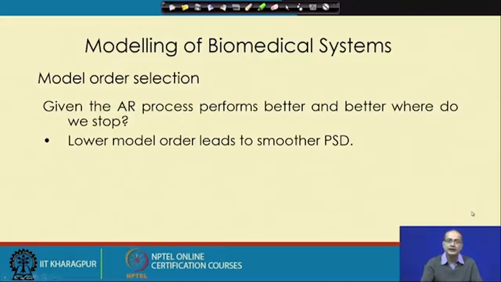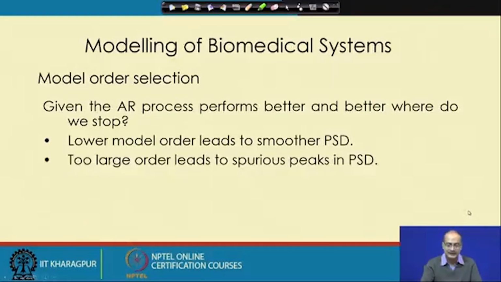The first thing to note here is that a lower model order leads to a smoother PSD. We get a smooth PSD, but if it is not appropriate, then by over-smoothing we may lose some actually prominent peaks. Now, if we keep increasing the model order, what will happen? We would get a number of spurious peaks, which will be specific to that ensemble.